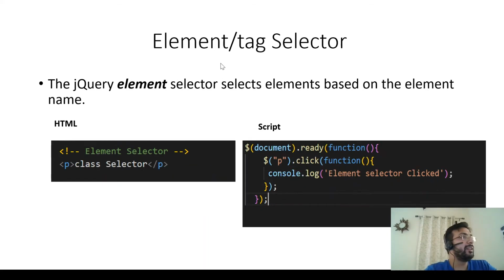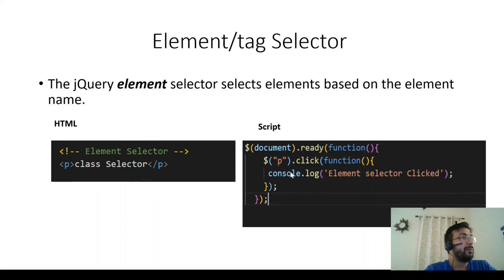Next is the element or tag selector. The jQuery element selector selects elements based upon the element name. For example, if we have HTML of this particular form and I have to select it, I'll use the tag name or the element name. You can see I'm writing p here; p is the element name, so I'm directly writing that to access this. The only thing in this scenario is that it will select all the p's if we have more than one.